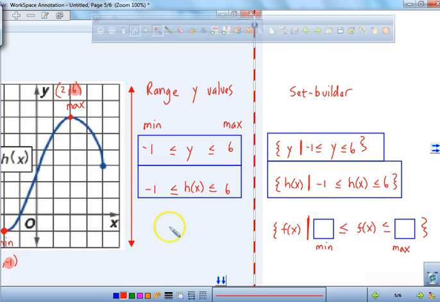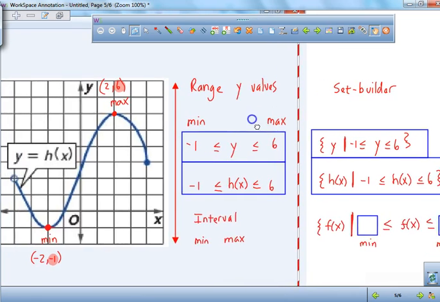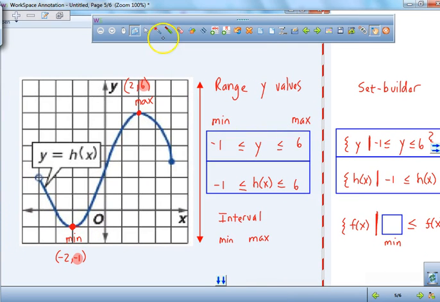Now, the last thing we're going to do is we're going to write right here, interval notation. Interval notation is very, very, very easy. All you do is you put the minimum and then you put the maximum. Well, we already know our minimum. We can take a look at our minimum right here. Our minimum is -1. Our maximum is +6.